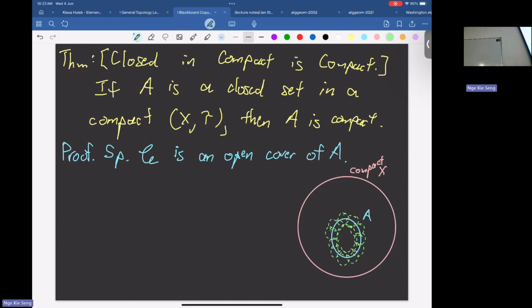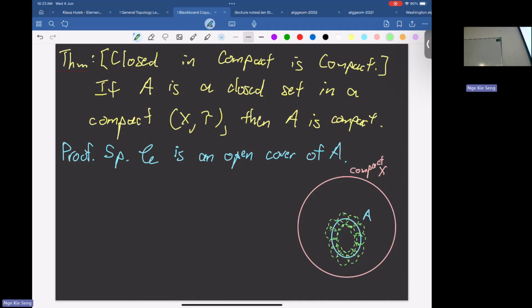But do we have an open cover for X yet? With this open cover, can we cover our X yet? This open cover only covers A, right? Not sure it covers X or not. But are we far from covering X?